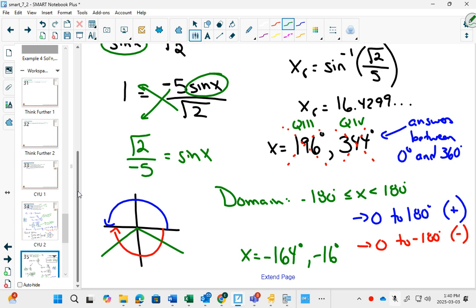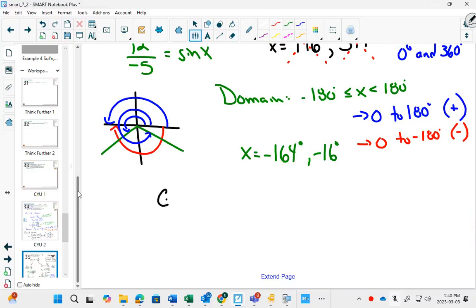So this is an example where we had to switch our answers based on the domain. Because our answers were in the red part, and we had to write them as negative answers. Initially, we had written both of these answers as positive ones. So we had to change them to the negative answers.